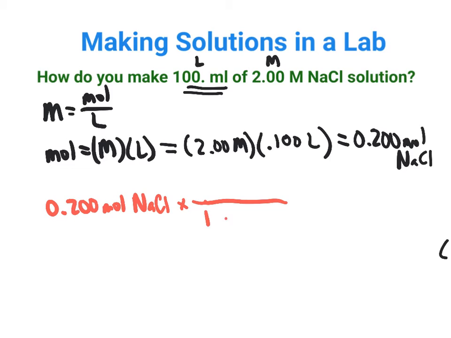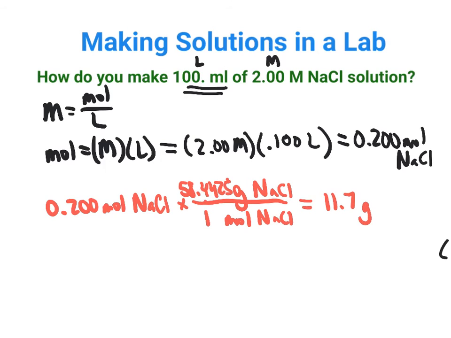So in this case, we're getting rid of moles of NaCl and converting it to grams of NaCl. And using our periodic table, it's 58.4425. And when I solve this, I get 11.7 grams of NaCl, and that is a number I can work with.